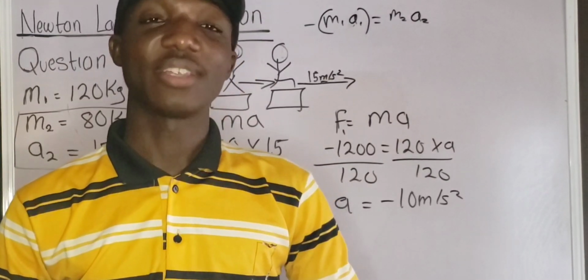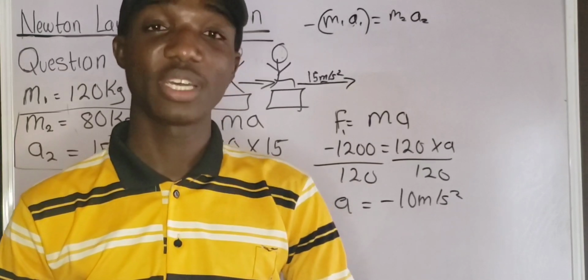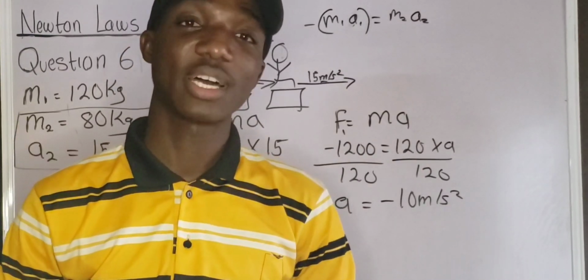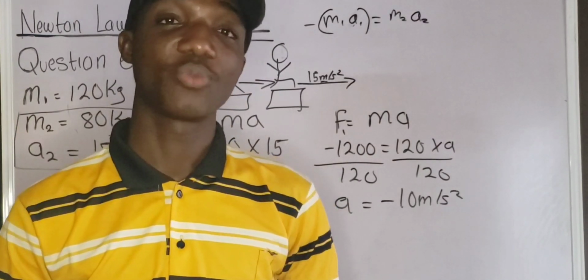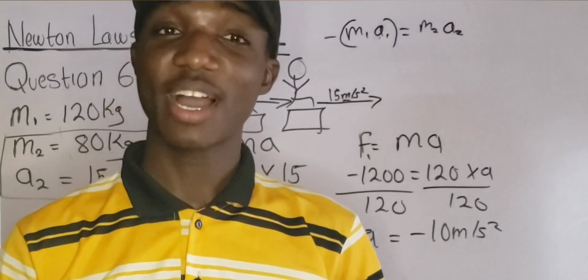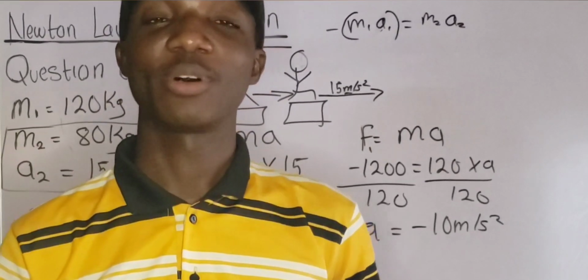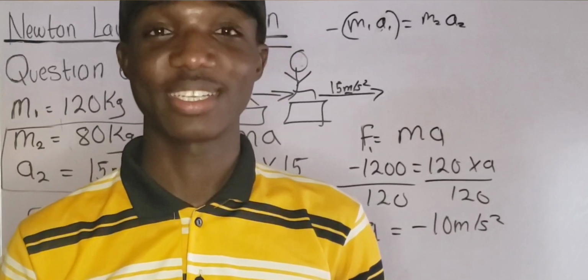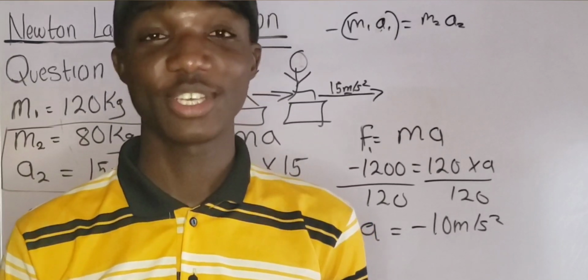If we decrease the mass of the object while keeping the force constant, the acceleration will increase. And according to Newton's third law of motion, for every action there is always an equal but opposite reaction. So make sure you take note of that. See you in the next class.